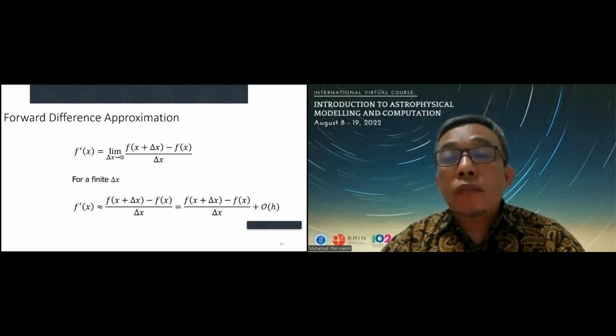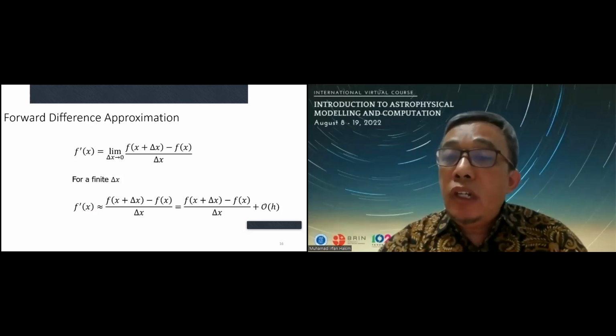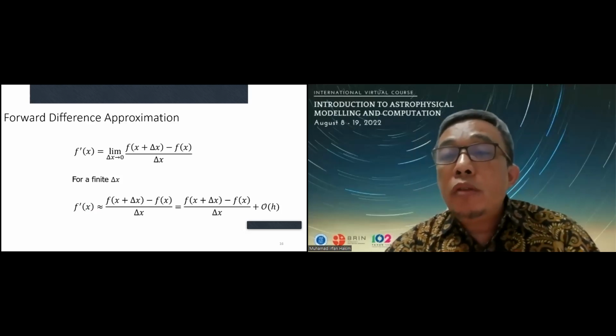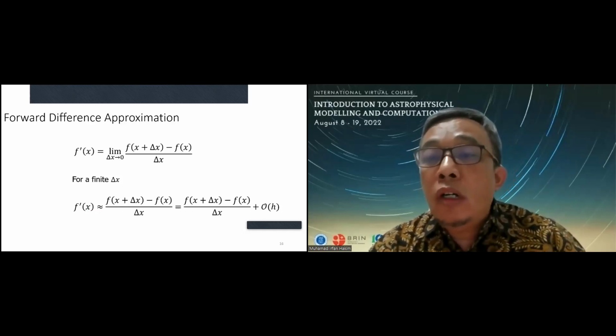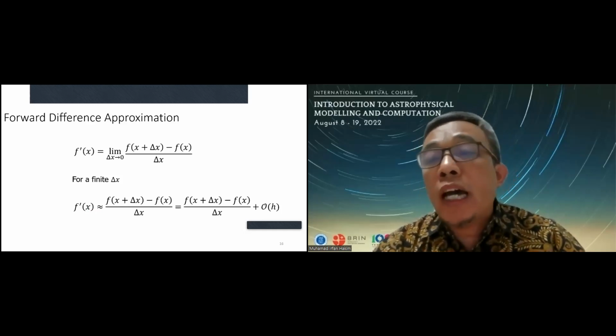And we have the remainder terms, which are of the order of h or delta x.